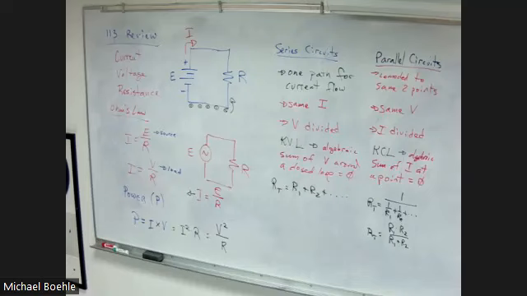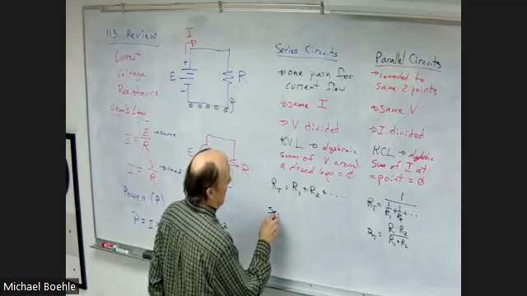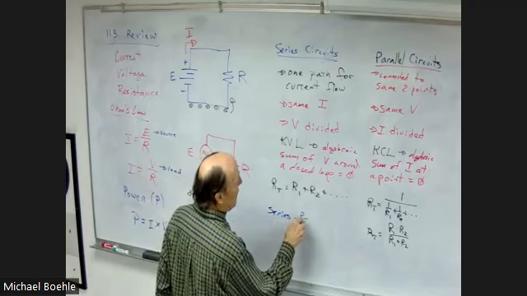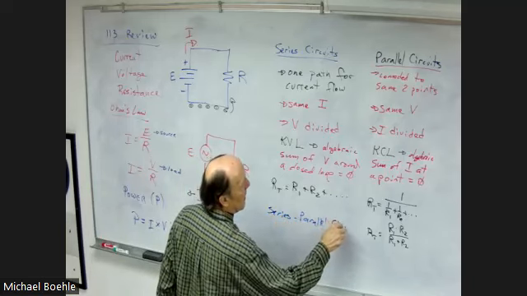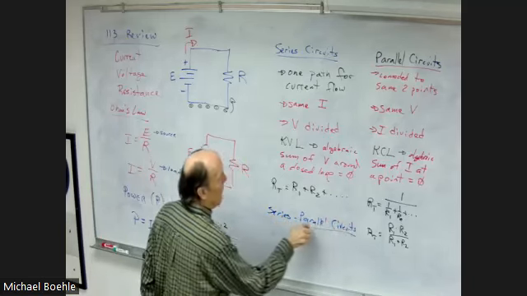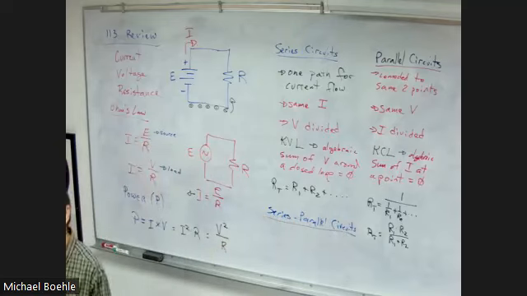Now, for series parallel, I'll just kind of tuck that in here. So series parallel circuits, that was chapter 7, by the way. How did we solve series parallel circuits?